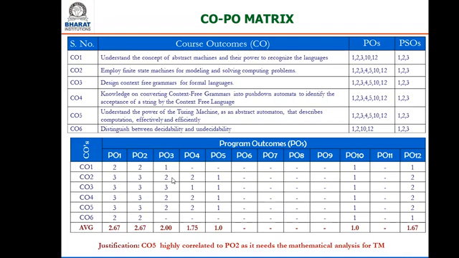Any CO that is just slightly related to a PO is denoted by level 1. If any CO is not mapping with any POs or PSOs, it is simply denoted by a hyphen. Then coming to the CO-PO matrix, here 6 COs, 12 POs.